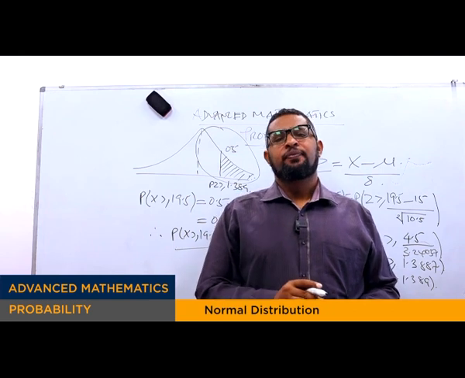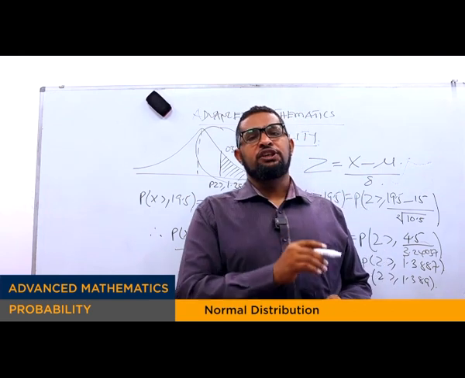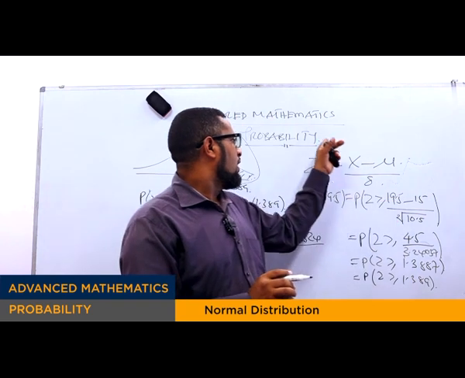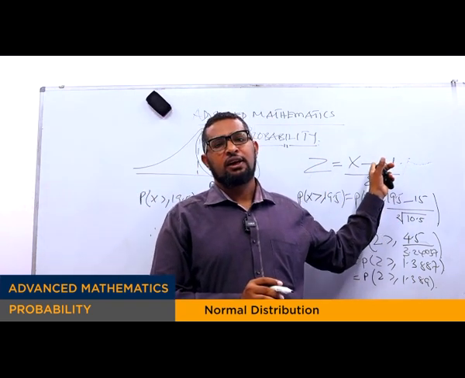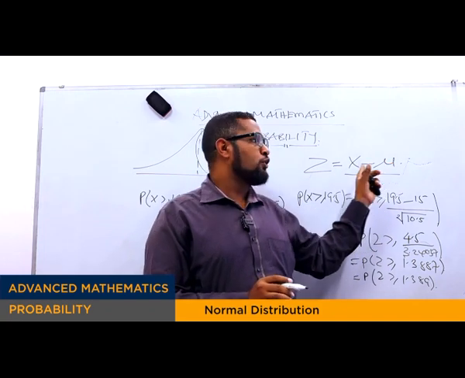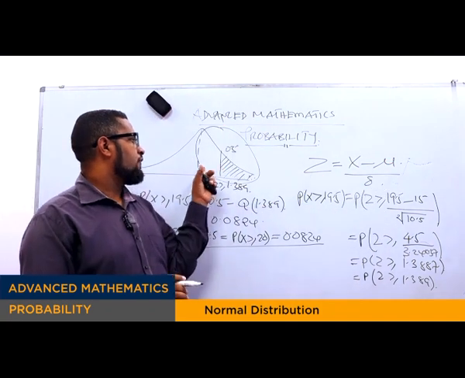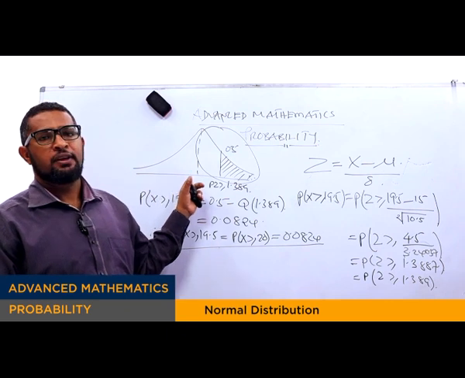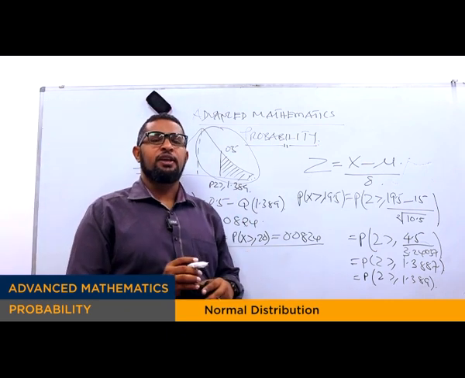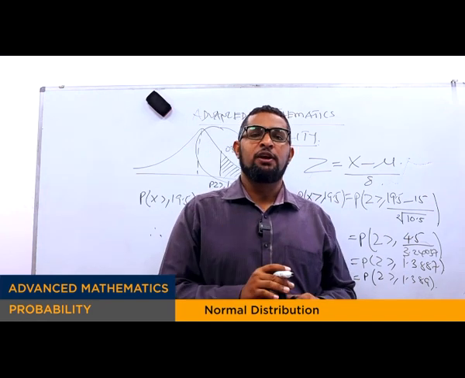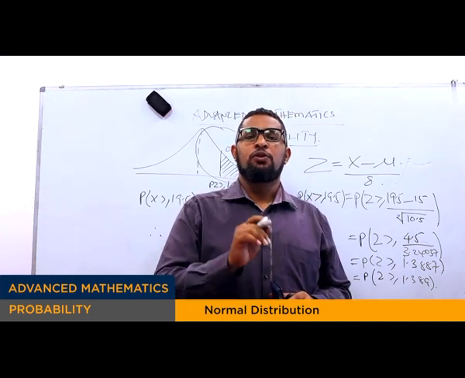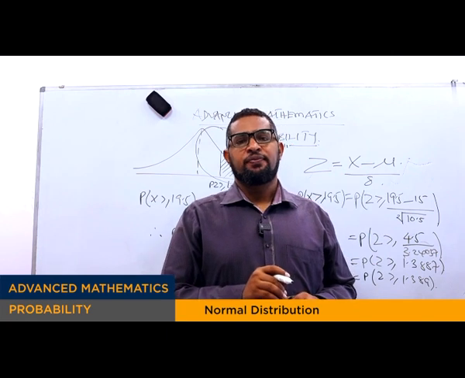And remember those conditions under normal standard curve and how to draw the curve as I was showing here. Remember to include them in every solution of your probability problem that is concerning the normal curve.